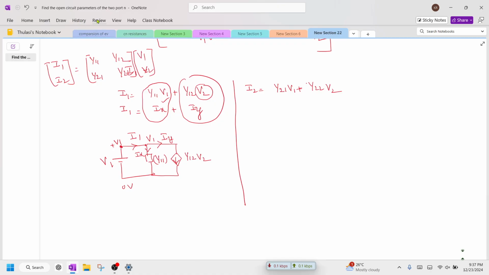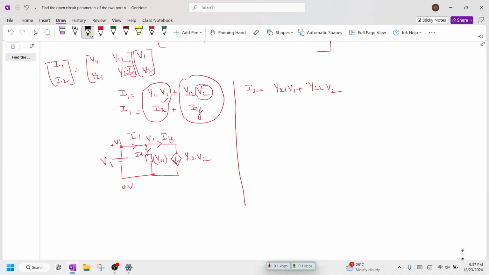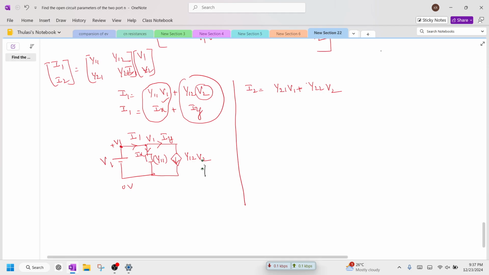So what is the name of this current? This source is called voltage dependent. What kind of source? This is current source. Voltage dependent current source.